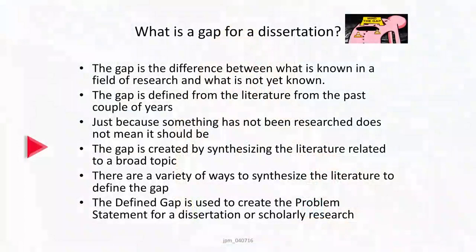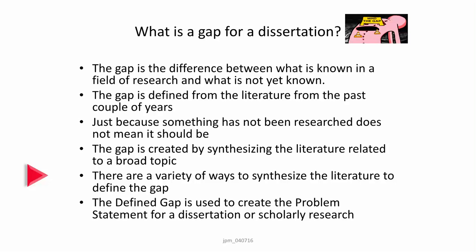And that's why defining the gap comes from the literature from the past few years, and you're defining what the literature says needs to be researched, either directly or indirectly, and we'll talk about some different ways that you can do that. You don't just take it out of one article.